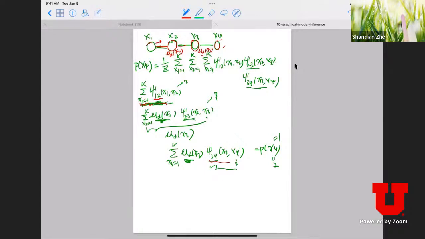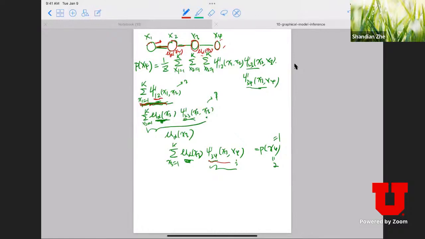Every time you marginalize, you start from marginalizing psi 1,2 across x2. So you're aggregating the product of the potential functions up to x2. Just for better visualization, we will call this a message sent from x1 to x2.